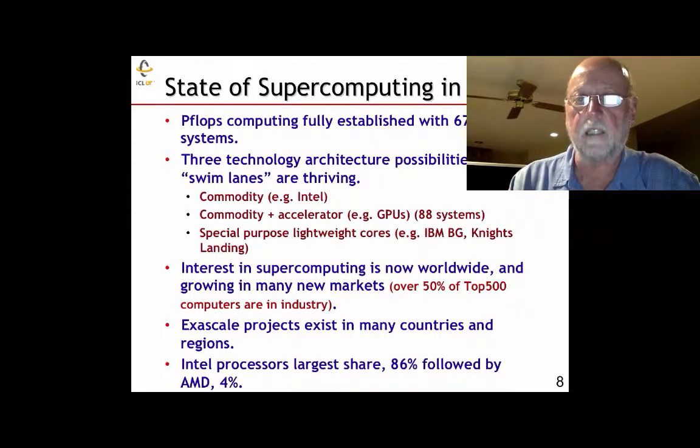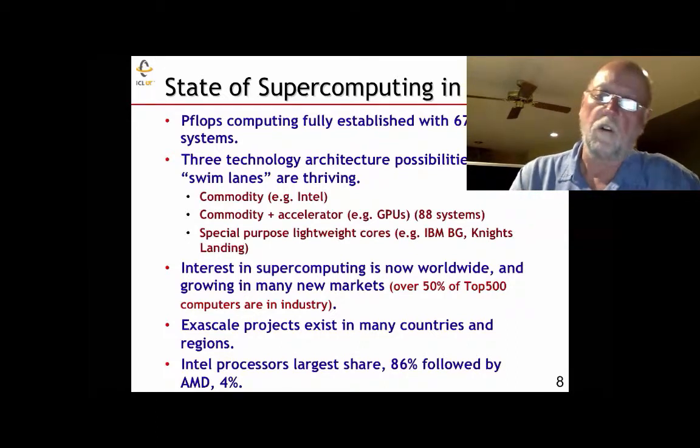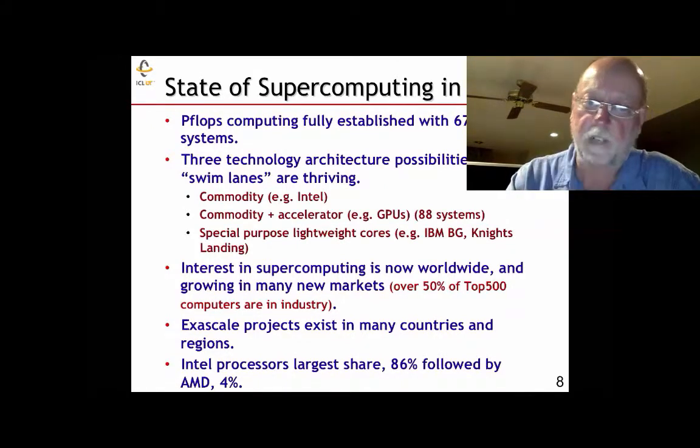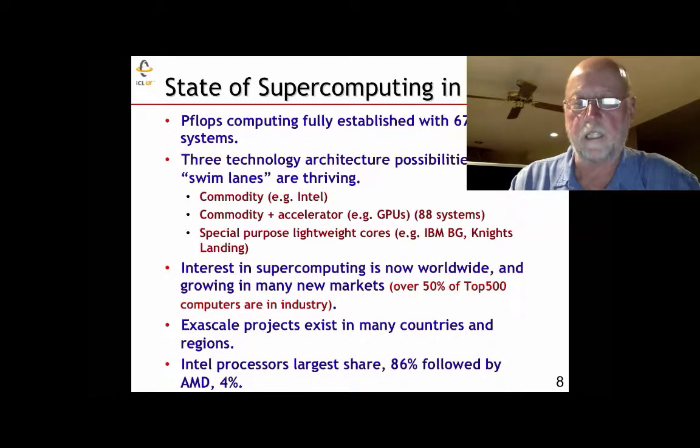They understand that these high-performance computers can provide some kind of strategic advantage for their business, something that gives them a competitive edge over others in the field. And those 50% of the computers are really towards the low end of the 500 computers. That is, they're not at the very top end of the list, but they're still being deployed in an industrial setting.